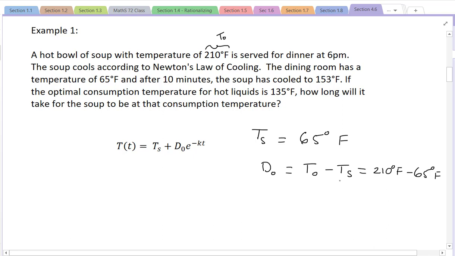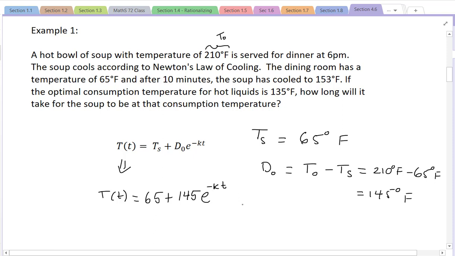When you do 210 minus 65, you get 145 degrees. So we can change our equation to say T of t is T s, so 65, plus D naught, which I'll round to 145, e to the minus kt.